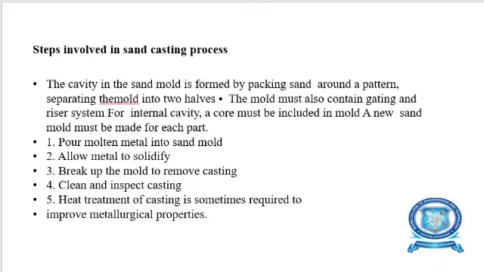A new sand mold must be made for each part. Pour molten metal into the sand mold. Allow the metal to solidify. Break up the mold to remove the casting. Clean and inspect the casting. Heat treatment of the casting is sometimes required to improve metallurgical properties.